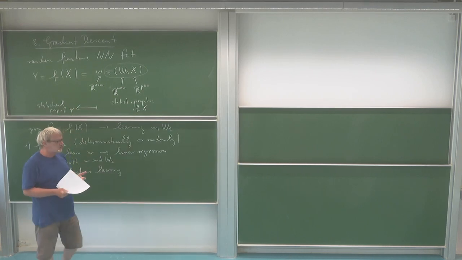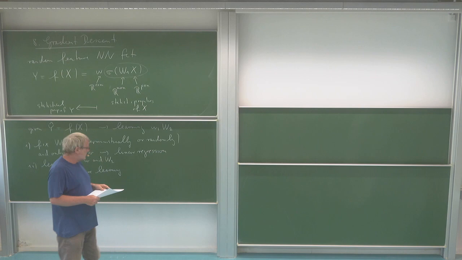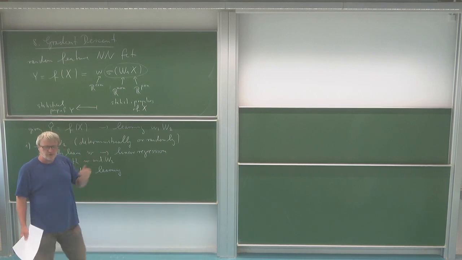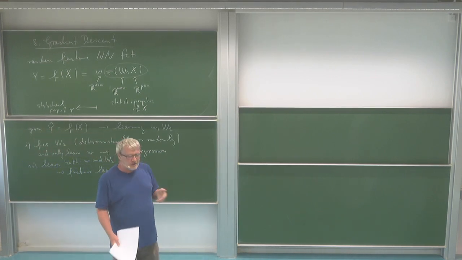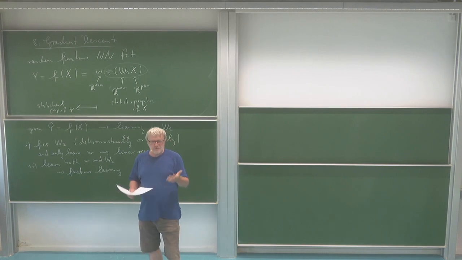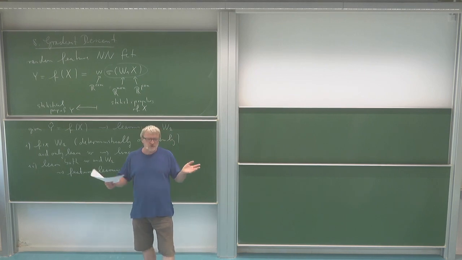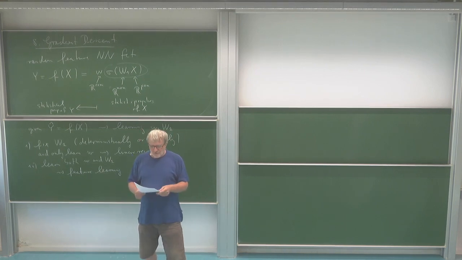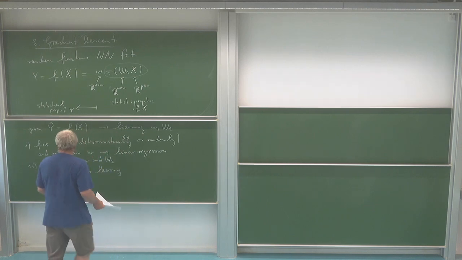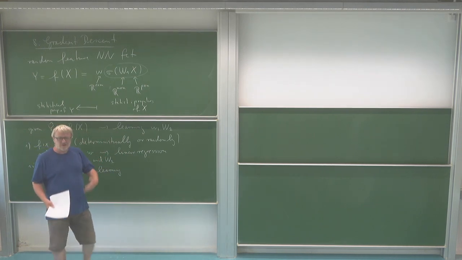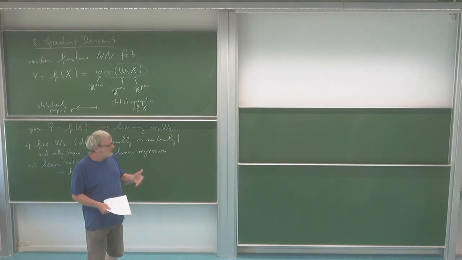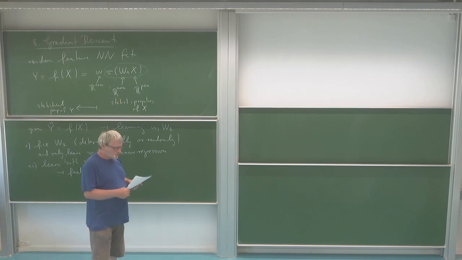Now, of course, the question is, how should we do this? For linear regression, we talked about this a while ago, we have an explicit solution for the best function which approximates this. But of course, in general, we don't have an explicit formula. So this means, in particular, in this case, we cannot write down the formula of W1 in terms of the data.